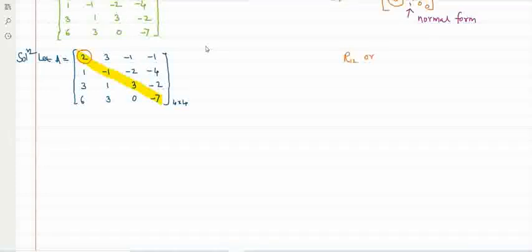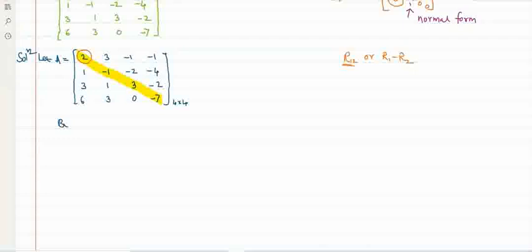Or one may tell R1 minus R2, that is also fine: 2 minus 1, you will get 1. So that's why the answer is not unique. Depending on the elementary transformation you apply, you will get different elements, but the rank should be the same. Suppose here I will apply interchange.